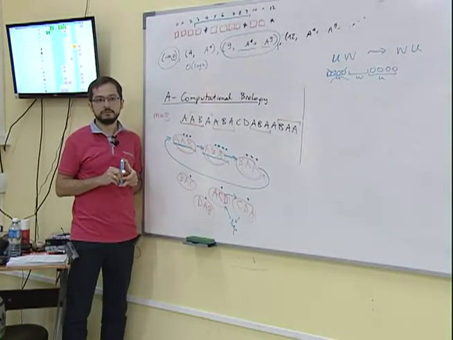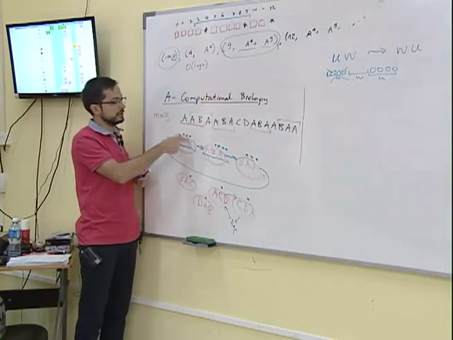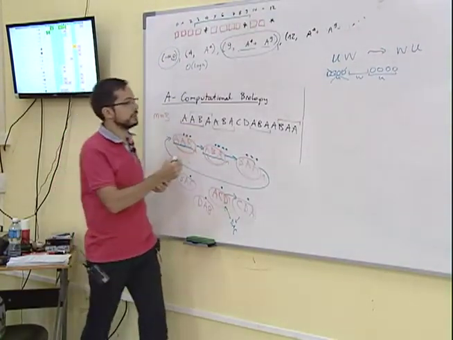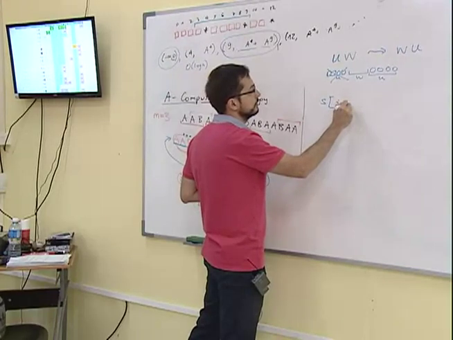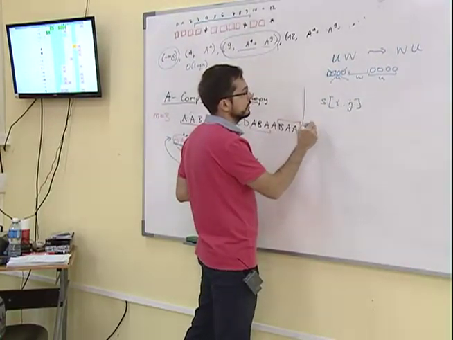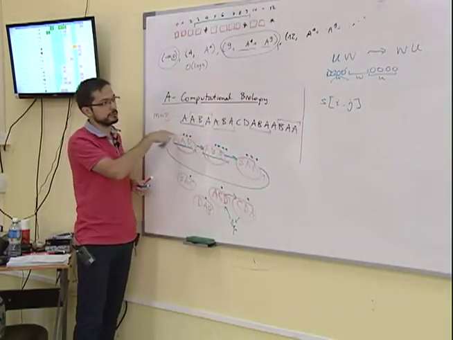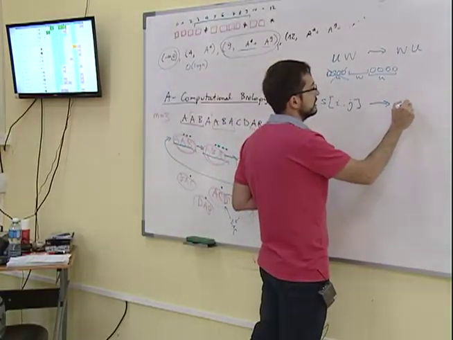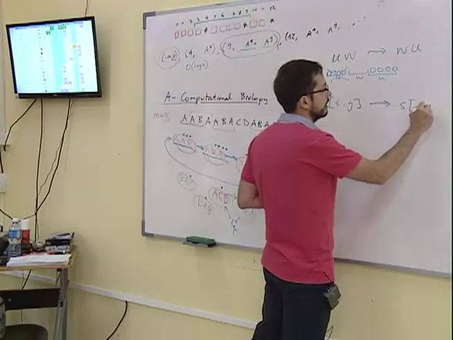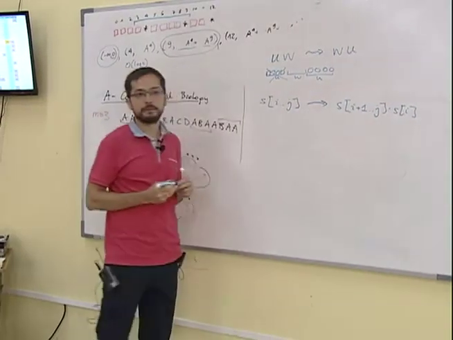Basically, if we know that this hash comes from a string from position i to j, so we know that the hash in this vertex comes from this one. If we do a rotational shift, we take s[i+1..j] and concatenate it with letter s[i].